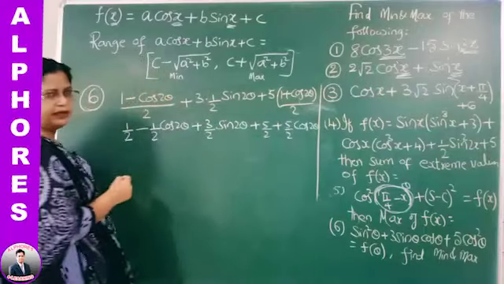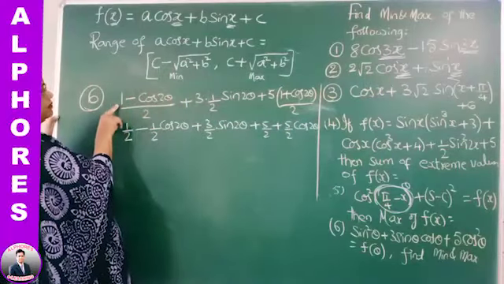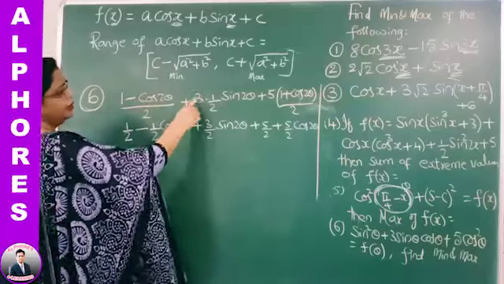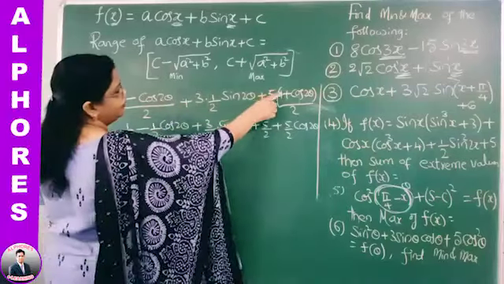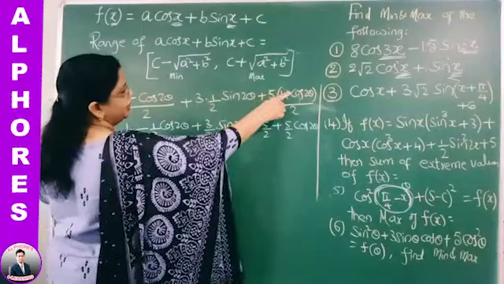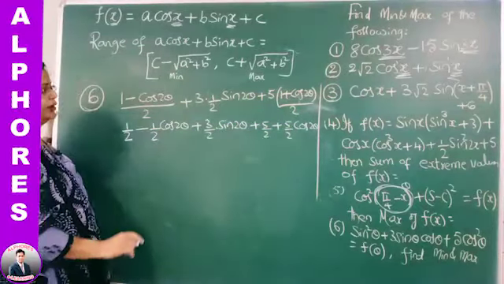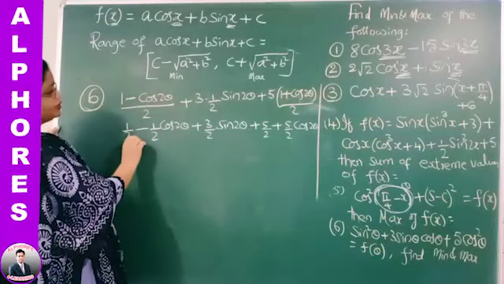Okay, what I have done here is just multiplied, splitting the fraction: 1 by 2 minus half cos 2 theta, 3 by 2 sin 2 theta, 5 into 1 is 5 by 2, again 5 into 1 by 2 into cos 2 theta, right? And now let's have a glance at the constant terms.